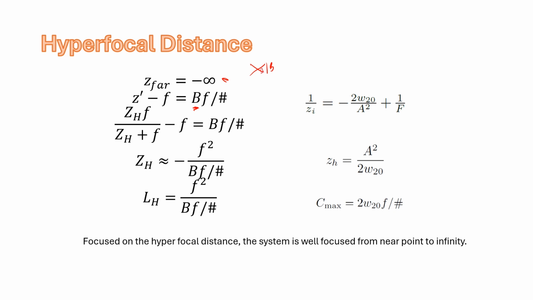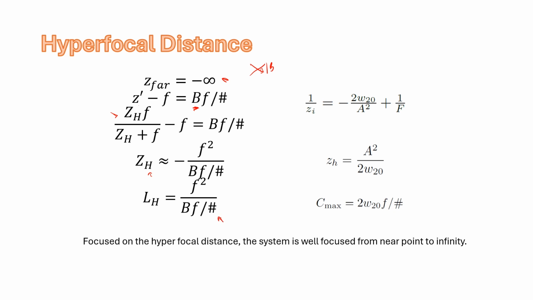So we substitute the z prime in terms of z_H, set at the hyperfocal distance, and solve for z_H, and find that z_H is equal to f squared over B, the circle of confusion B, times the F number. Okay, so this was a result from back in episode 25.